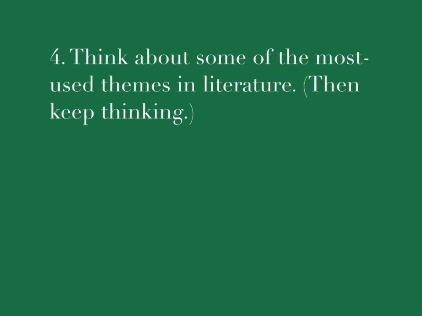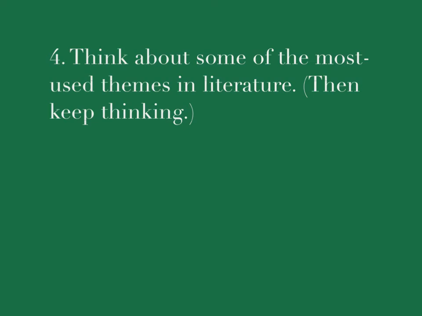And finally, there are some tried and true themes in literature that authors always go back to. So if you're having trouble identifying a singular theme for your book, try thinking about some of the classic themes. Maybe they fit.